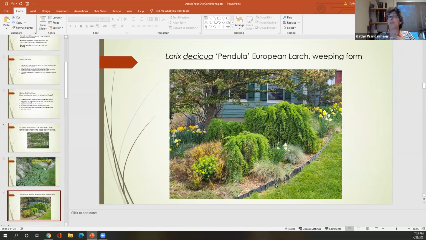The other plant that I think did really nicely on the slope, this is in the front of the house now. This is a weeping larch, and this is all one plant. It started out as a little clump, and as it started to grow, the stems were creeping out and kind of coming out at all different angles. So I propped them up with some tree stumps.